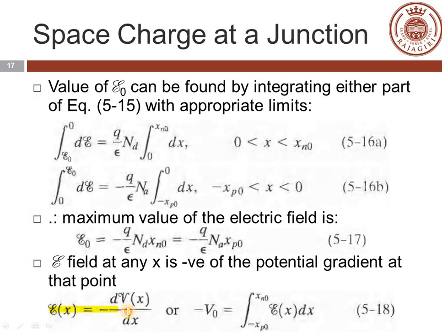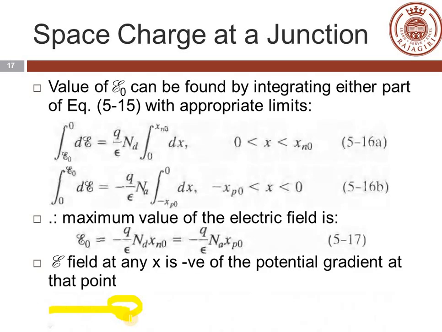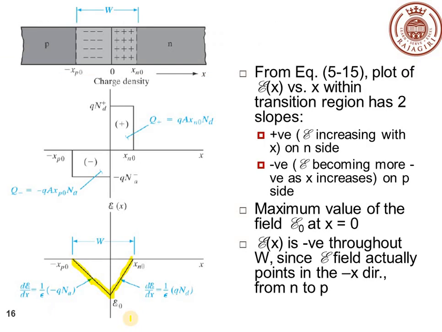we can write -V0 = integral from -xp0 to xn0 of E(x) dx, going from the p region to the n region. Now, the integral of E(x) from -xp0 to xn0 is nothing but the area of the depletion region triangle, that is this triangle.